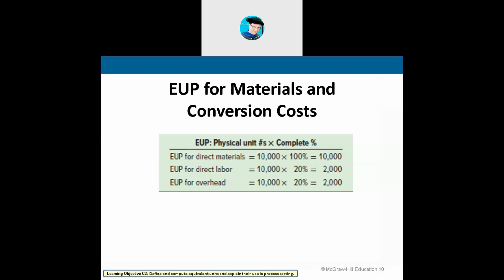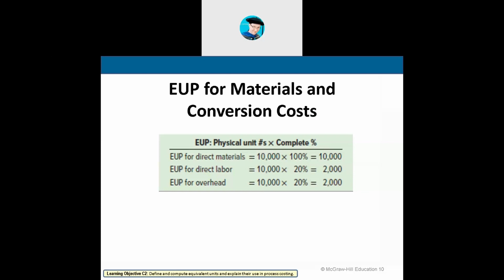Here we have an example where we have 10,000 tennis balls. And I've used all the material. That's 100%. Each tennis ball, I've applied 20% labor. That's 20%. And for each tennis ball, I've applied 20% of overhead.